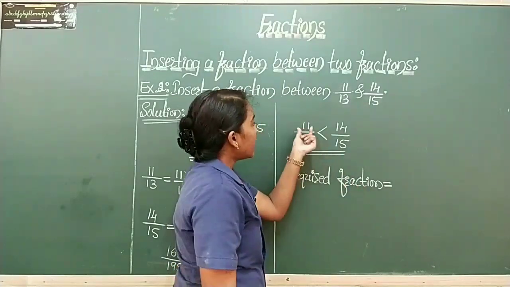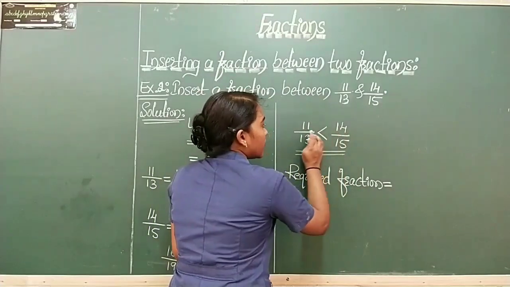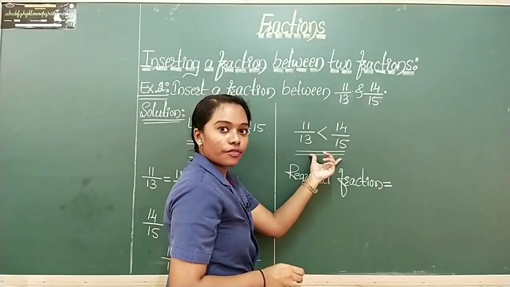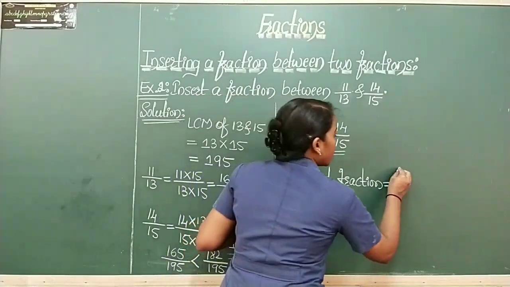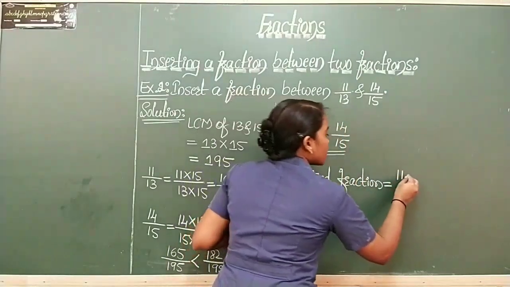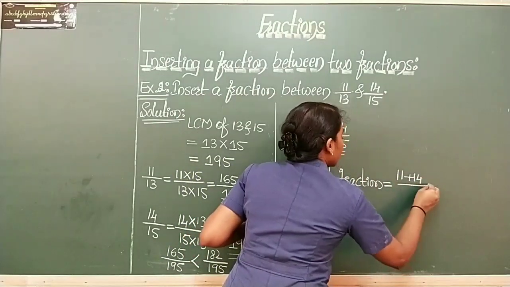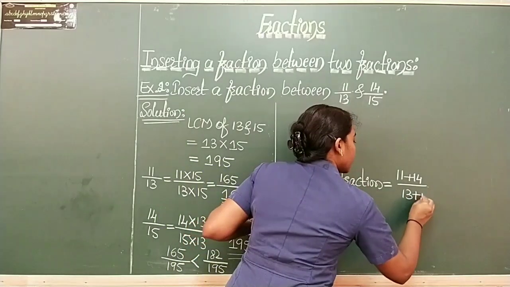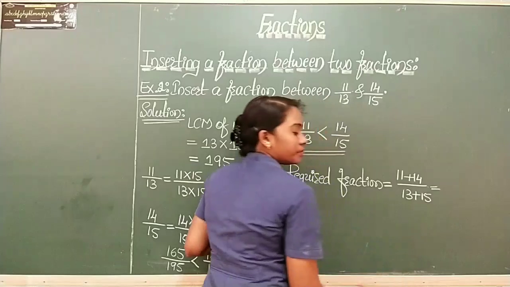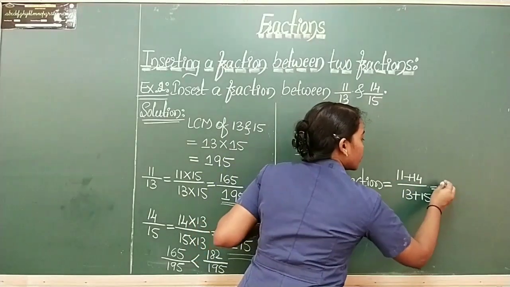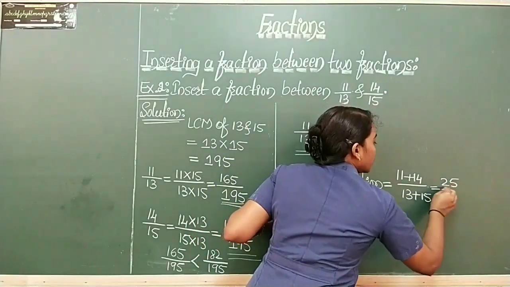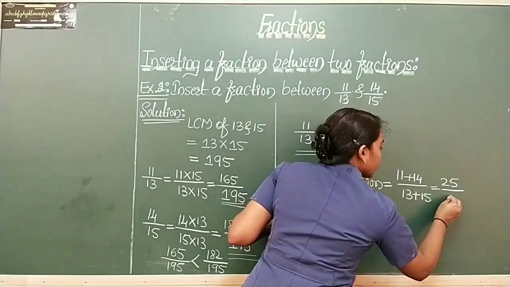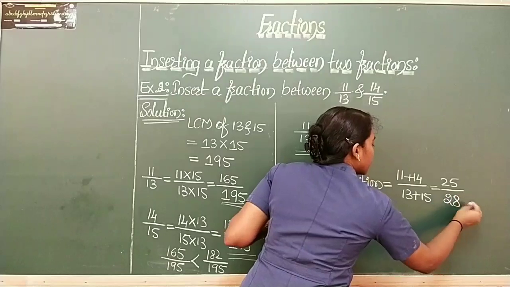We have to add the numerators and the denominators of these two fractions. Add them. 11 plus 14 divided by 13 plus 15, which is equal to 25 upon 28.